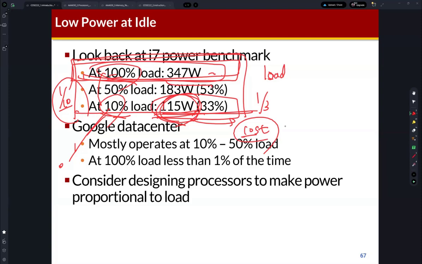As I mentioned, big companies like Google or Microsoft or Amazon run very large data centers. Okay, and the data centers consume electric power, hugely. So what do we do?